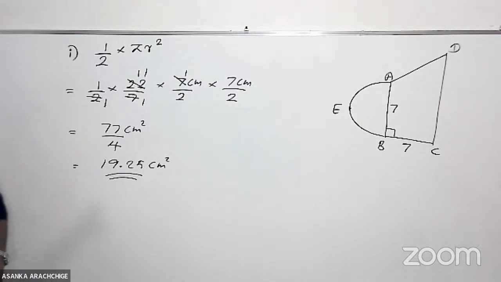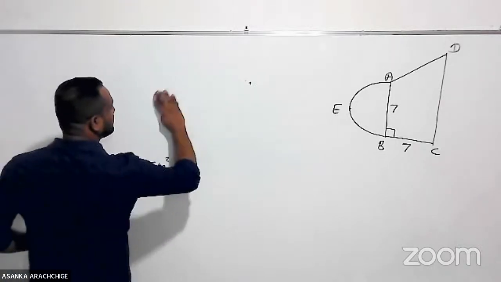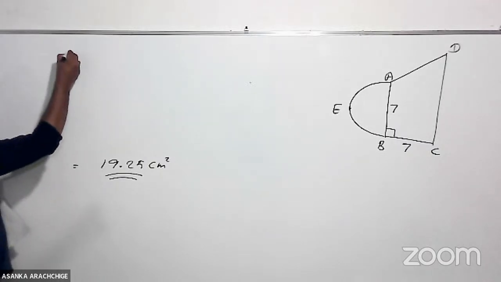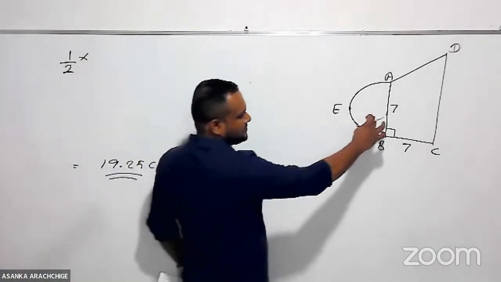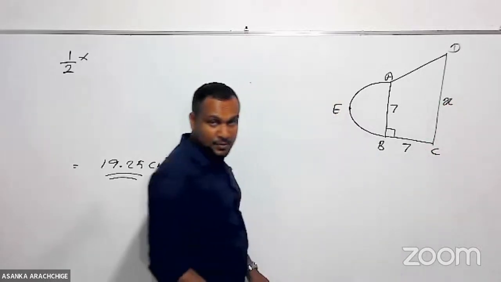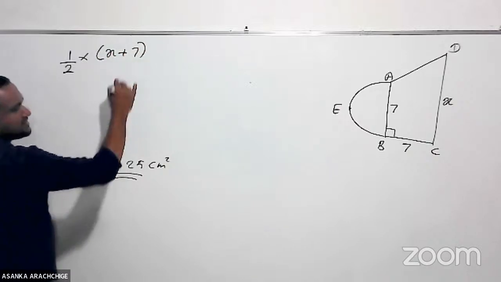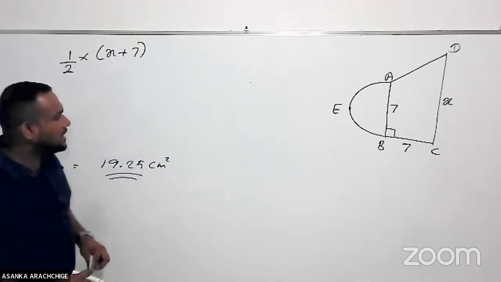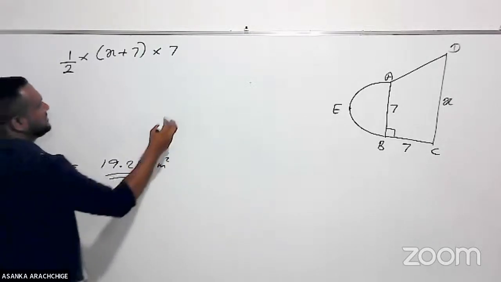So half into, this is 7, this is BC, no? I take the BC length as x, right? Then x plus 7. What is x plus 7? The sum of the lengths of the parallel sides of the trapezium into the perpendicular distance between them.